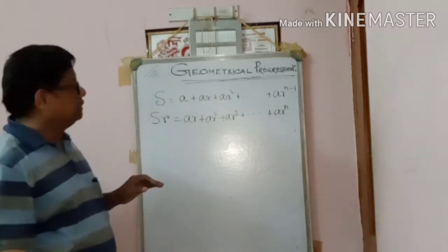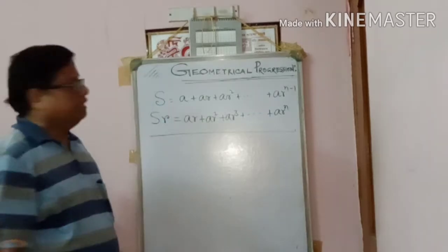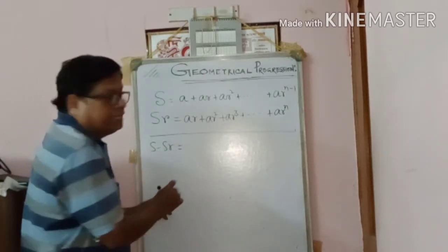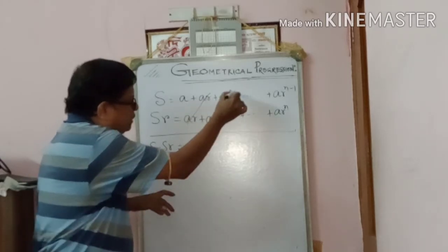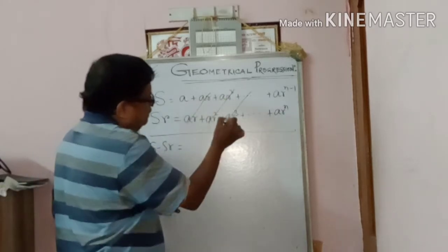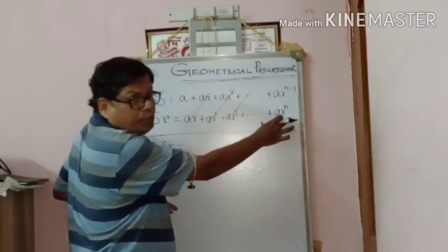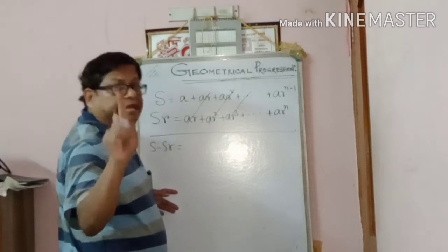Okay? See, if we subtract S minus SR, right? Look at here. This term cancels, subtract. Here, like that. Here also AR to the power n minus 1. The last one is AR to the power n. Before that, AR to the power n minus 1.